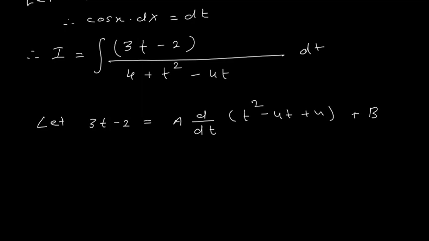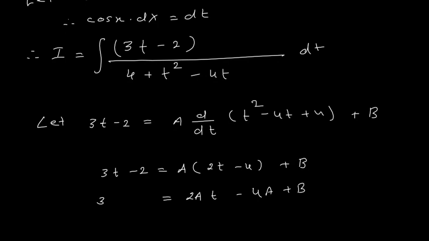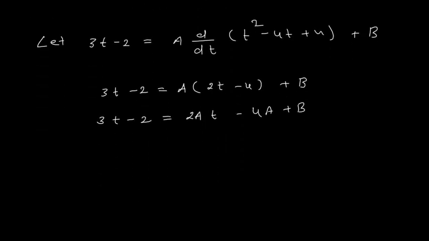Simplifying, a into (2t minus 4) plus b, and on the left side we have 3t minus 2. Expanding, we get 2a times t minus 4a plus b, and comparing with 3t minus 2 we get 2a equal to 3.